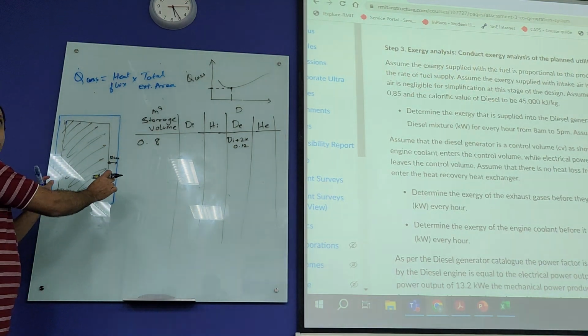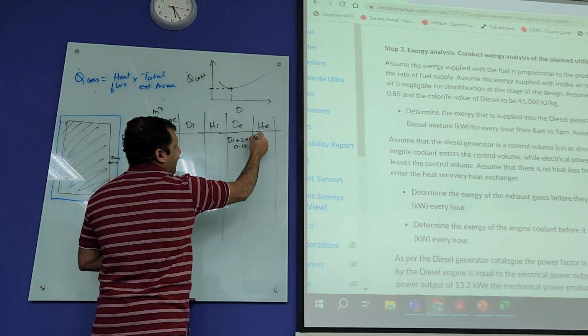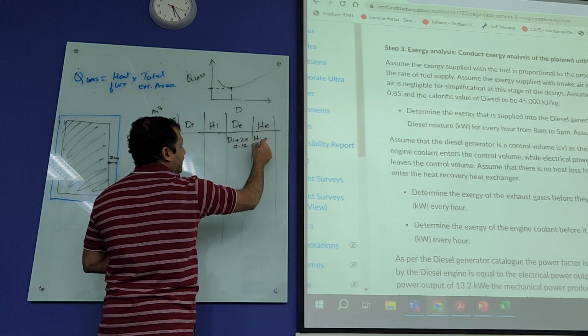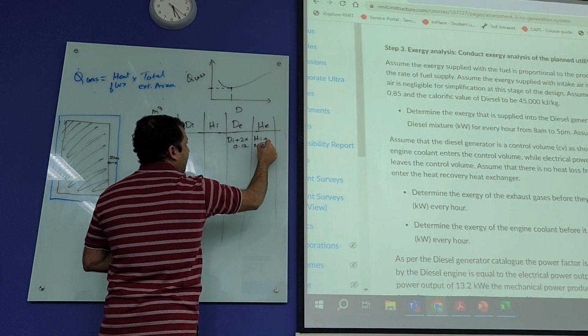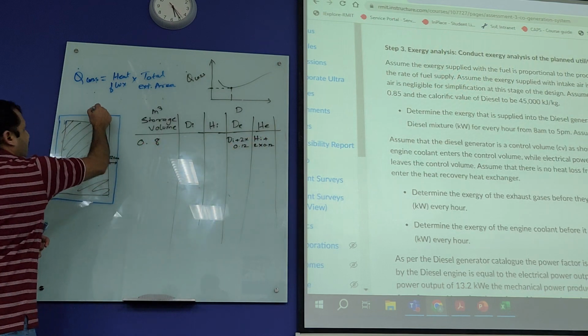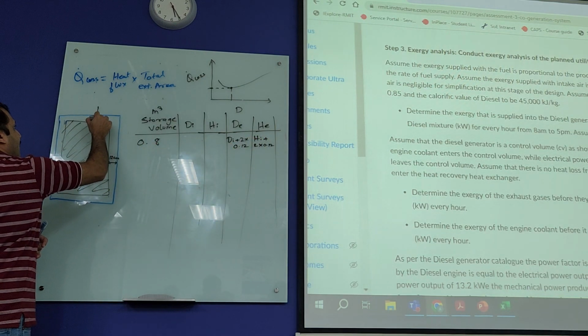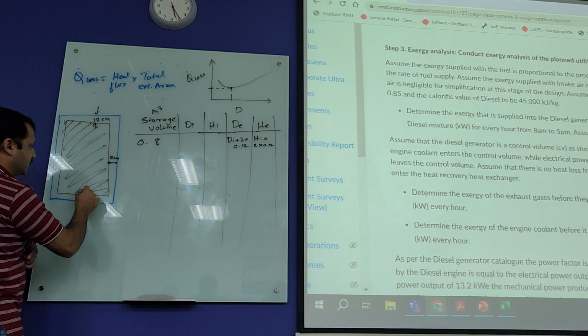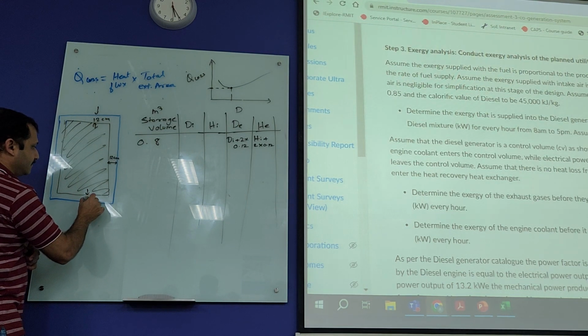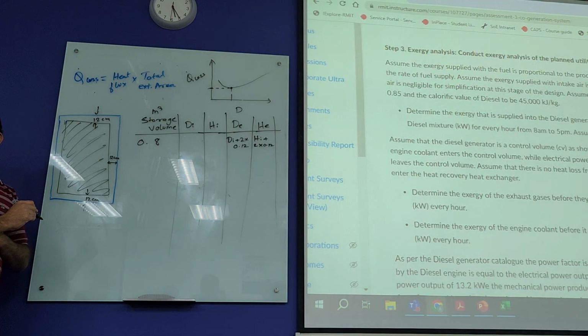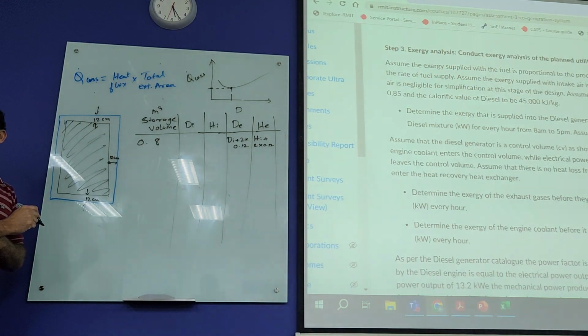Yeah, with me? Say your external height will be internal height plus 2 times 0.12 because of these two. With me? Clear? Yeah.